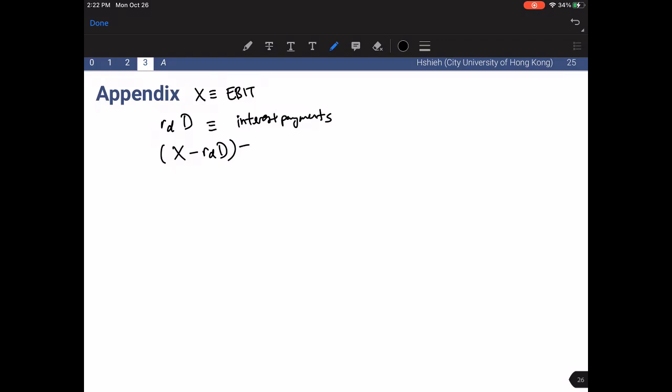So I'm going to write tau here to indicate the tax rate, and use some description to explain what this is. This is how much a firm pays in taxes.